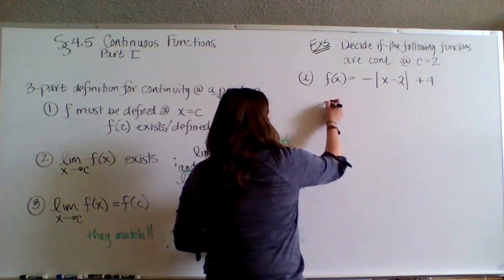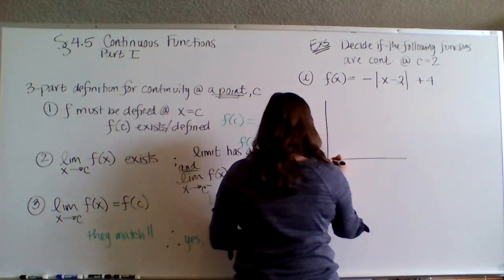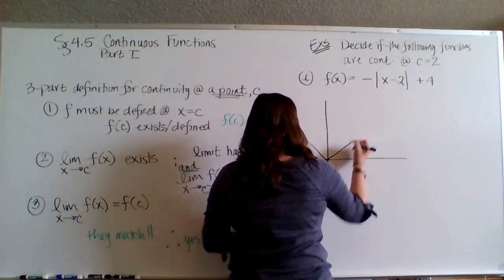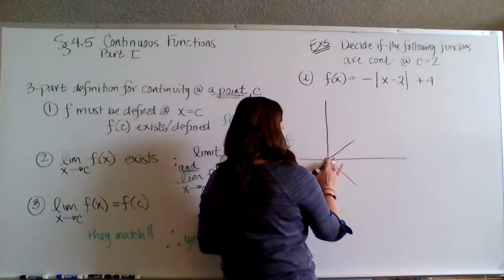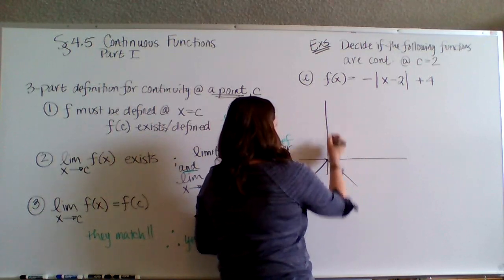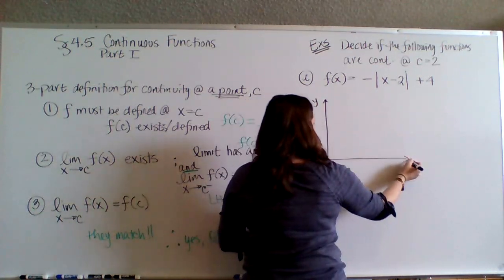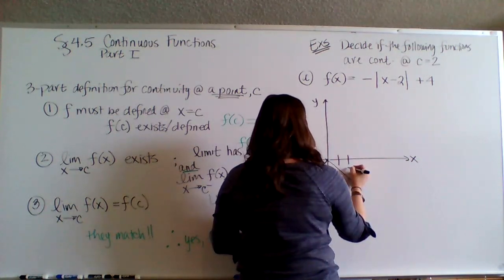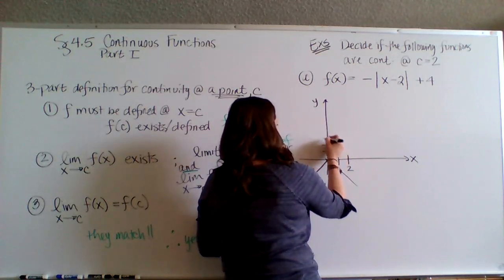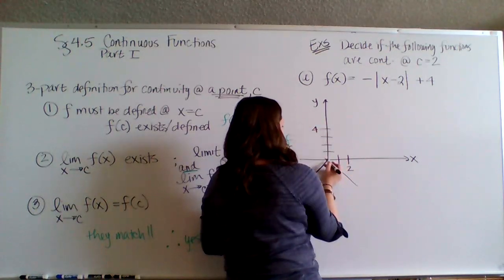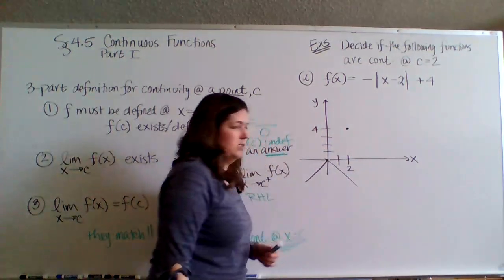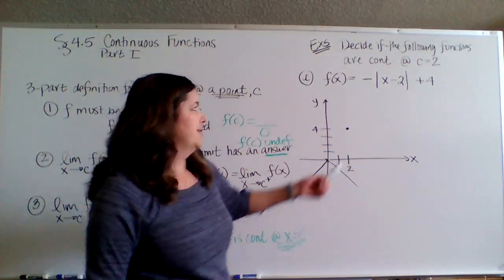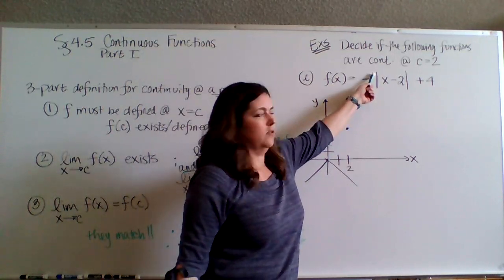Okay, so if I have my parent function, but then I know, oh, I got to flip it upside down because of the reflection because the A is a -1. Oh, but then I got to shift it because I need to go right 2 since I'm inside the house and the H is a 2, and I need to go up 4. So every dot I see, I shift right 2 and up 4 because it really is just absolute value, and the vertical stretch and shrink is not affected because there's still that understood 1.